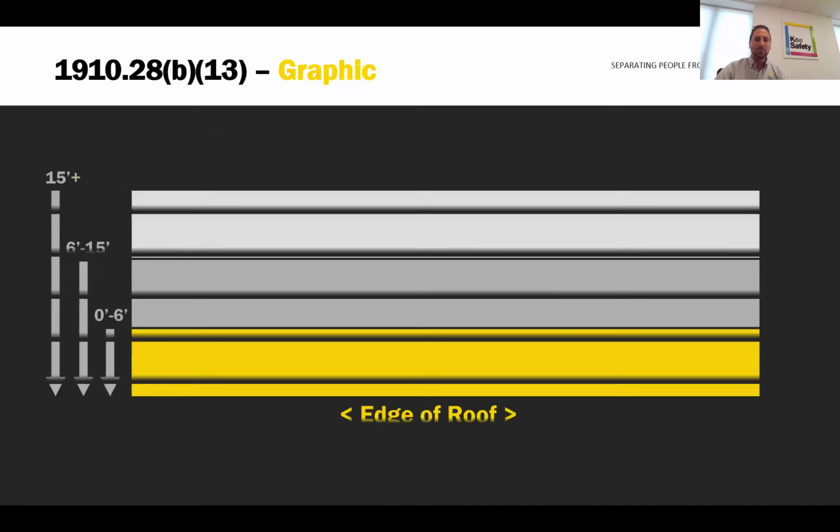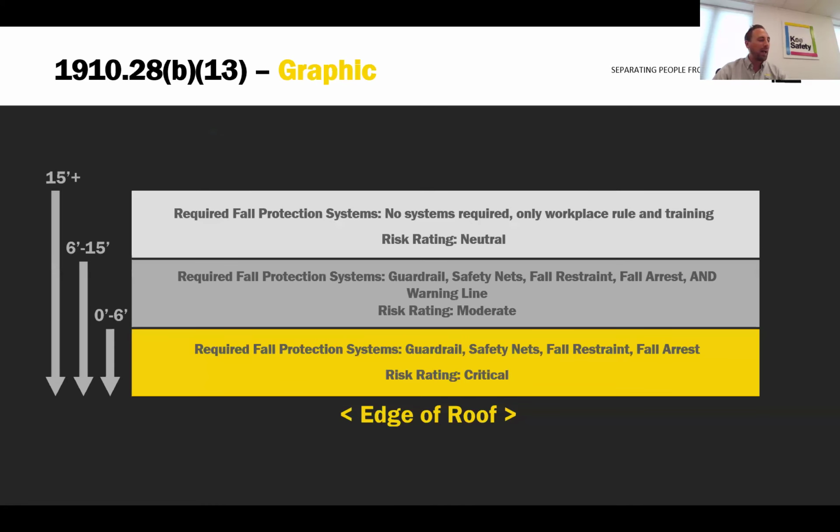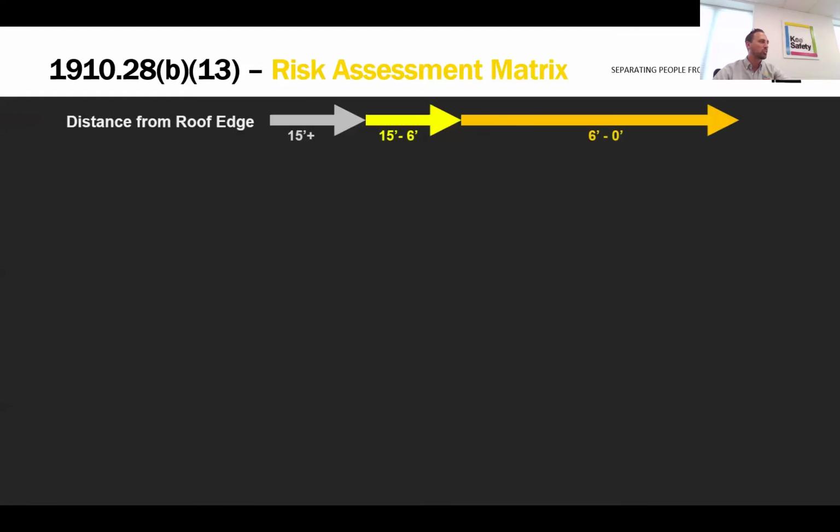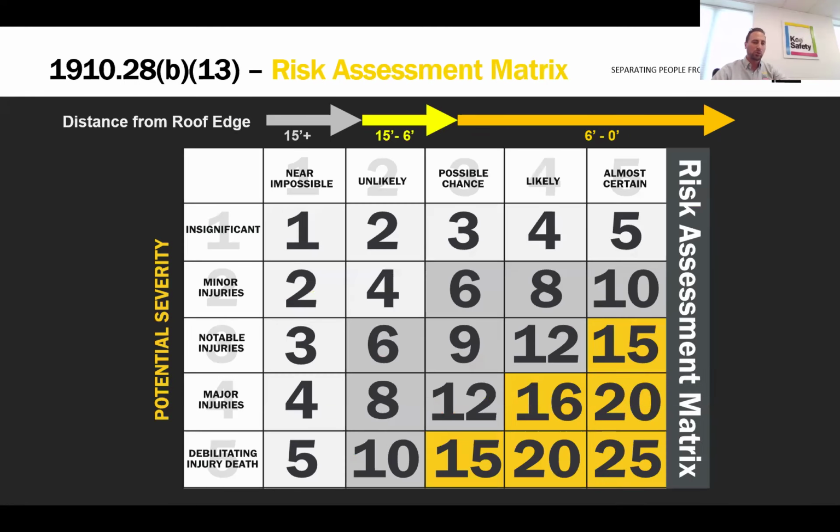This is that same code, but as a graphic. So showing the closer that we get to the roof edge, the higher our risk rating is. And these are the allowable solutions. Take this same concept, apply it to our risk assessment matrix earlier, and it follows right along. Meaning the closer to the edge my work is, the higher the likelihood of a fall.